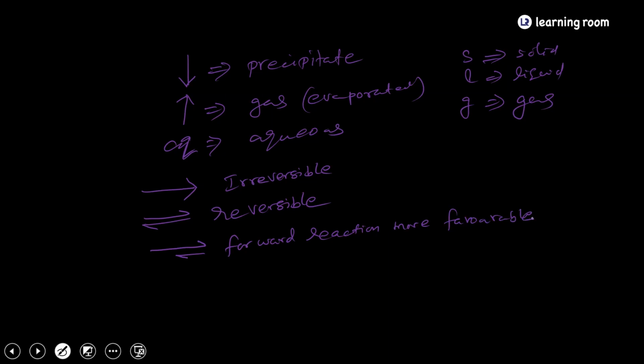Suppose I am writing like this, the backward reaction is more favorable. This information they will not put. So when you write a triangle over the arrow, this is called heat.